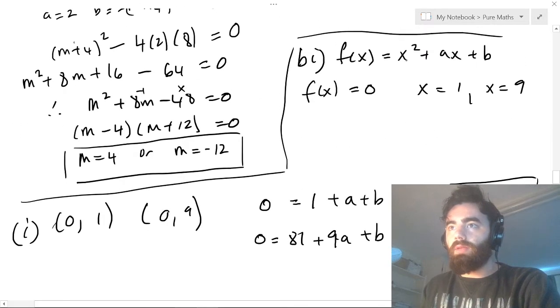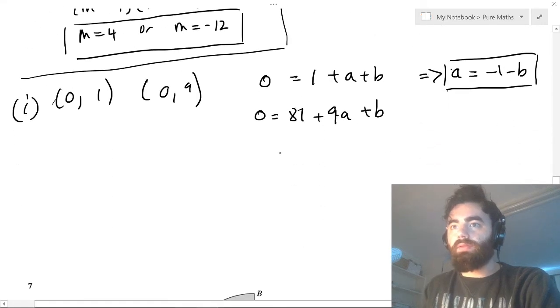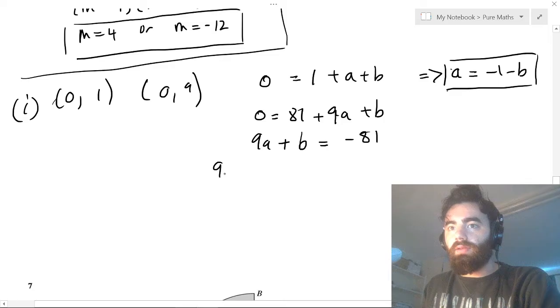So we get 9 squared. 9a plus b. So we have 9a plus b equals minus 81. And if we plug this in, we get minus 9 minus 9b plus b equals minus 81.